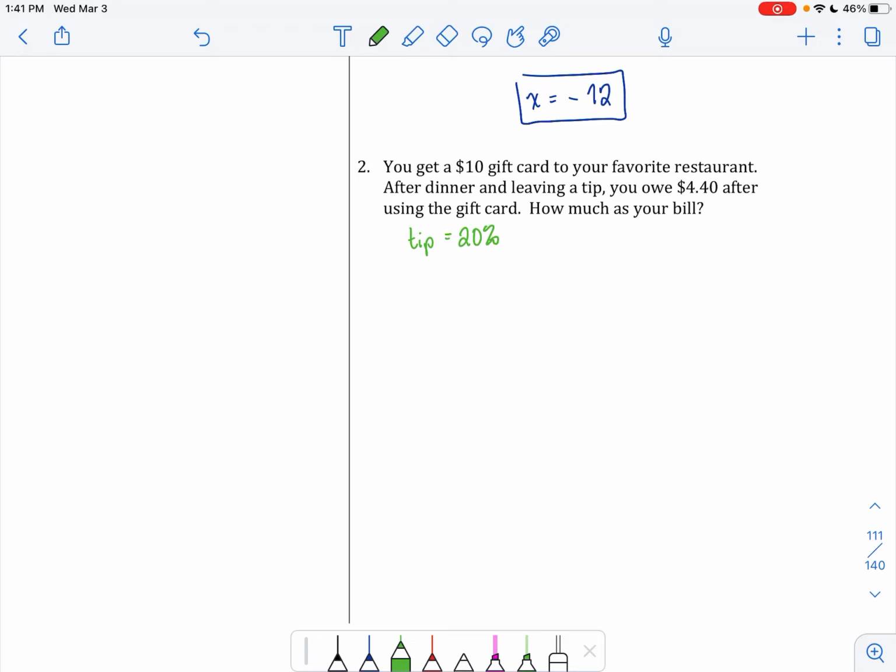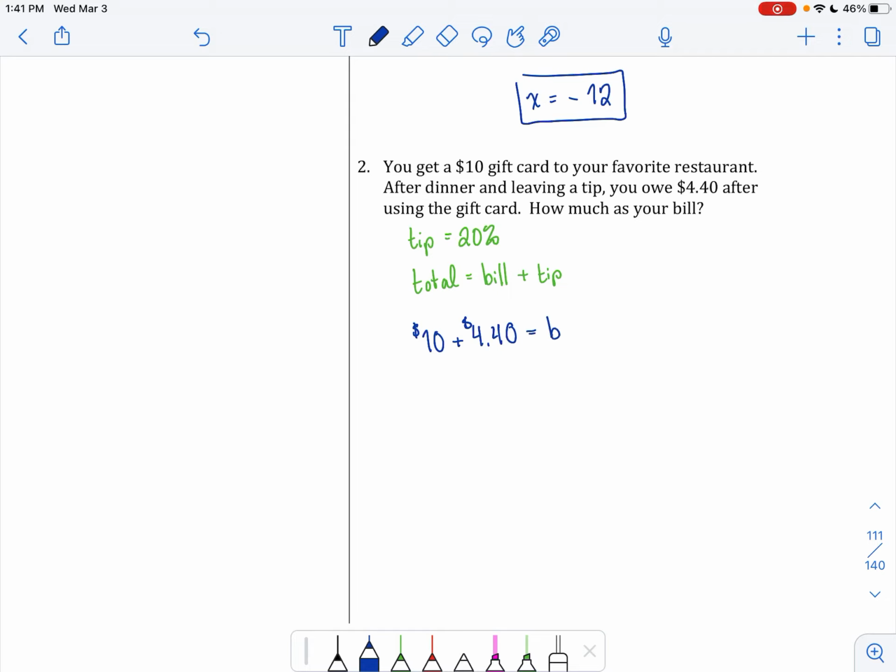20%. Now, if you remember, your total is equal to your bill, so what you were sold, plus the tip. So in this case, we know that our total is equal to $10 from the gift card, plus still owing another $4.40.